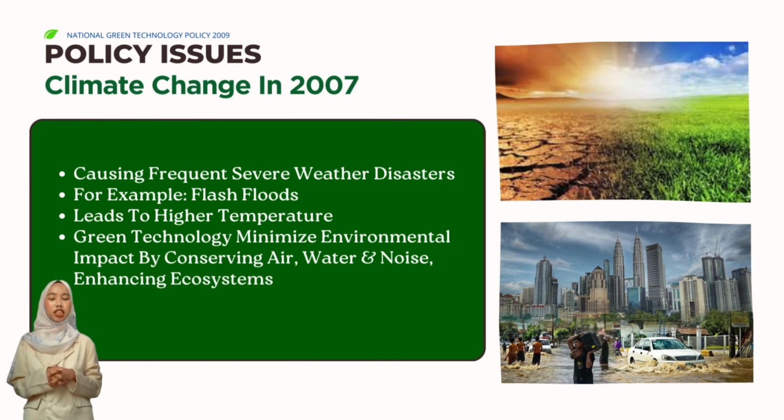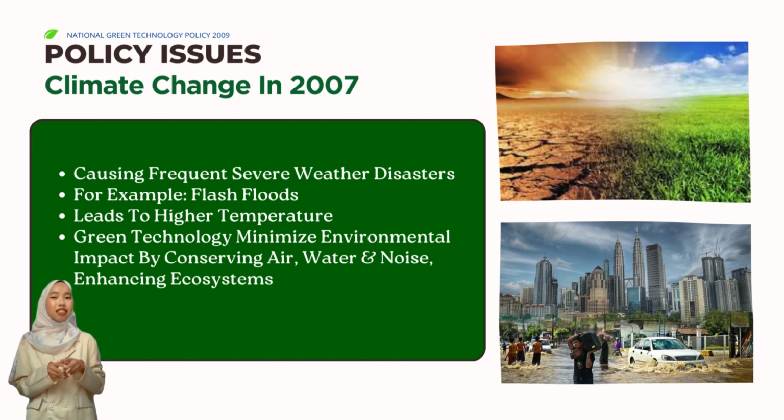Secondly, climate changes in 2007. Climate change is causing frequent and severe weather disasters, including flash floods, extreme temperature increases, and polluted air, and also impacting viruses and biodiversity in Malaysia. This can be seen as it has affected Peninsular Malaysia and also East Malaysia, leading to higher temperature increases, and also direct and indirect health impacts, including heat stress, chronic illnesses, and heat stroke.